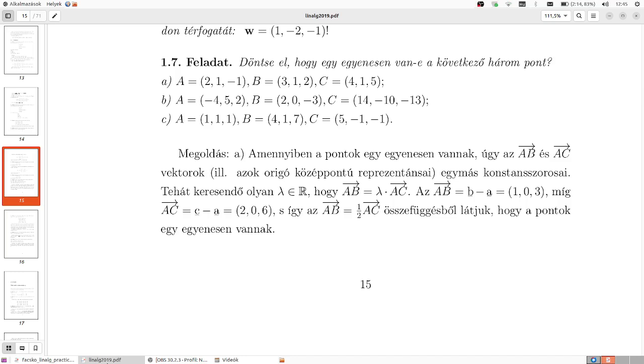There are 3 points, and you have to decide whether the points are in the same line. Are these points on the same plane? You have 3 points.